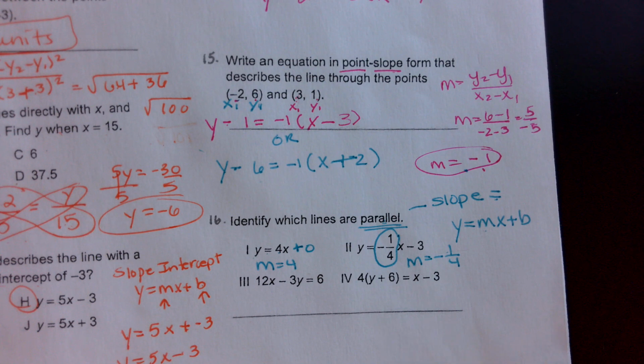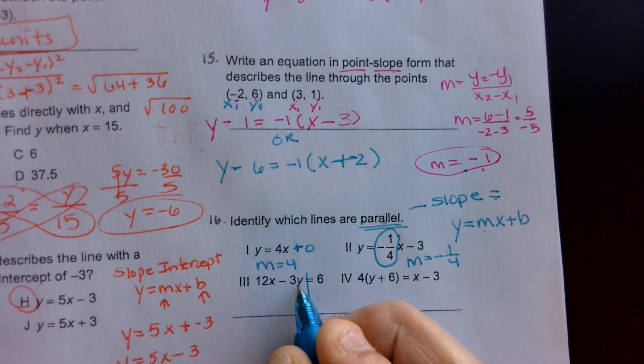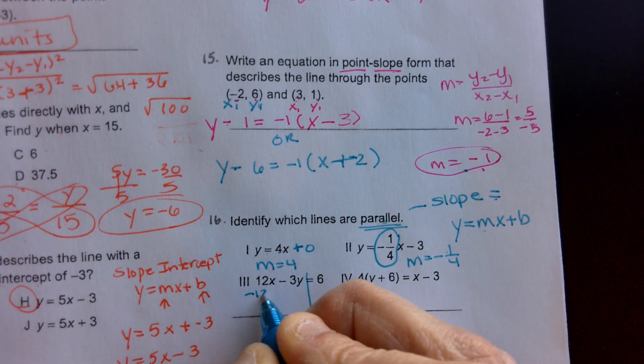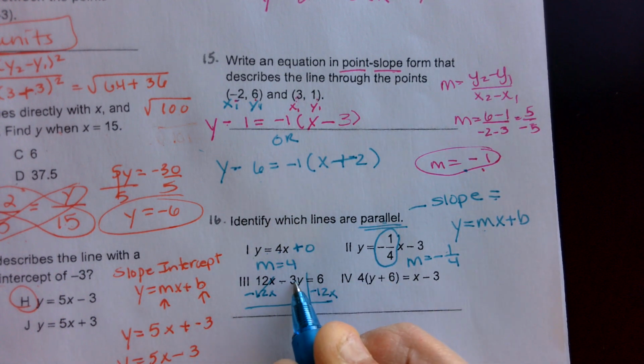Now, these are a little more difficult because we have to get this solved. So we have to solve it for y. We got to get it into this form. So again, I'm just going to solve it right here. Solving for y. So I'm going to move the x term first. Don't forget the negative sticks.